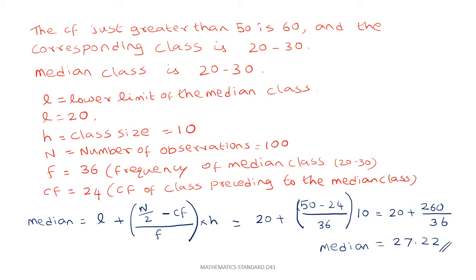Then CF is very important, children. Don't choose the CF of the median class 20 to 30. You have to choose the one before. Then memorize the formula for the median, L plus n by 2 minus CF by f into h. Then it is just mathematical calculations. Hope you will not make mistakes in that. So finally, the answer for the median is 27.22 units.